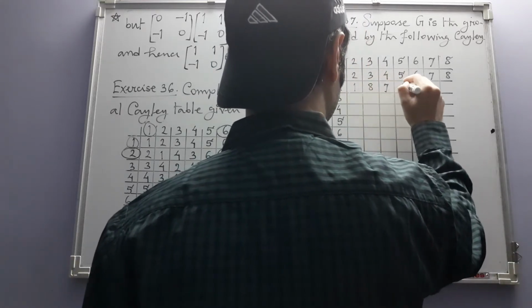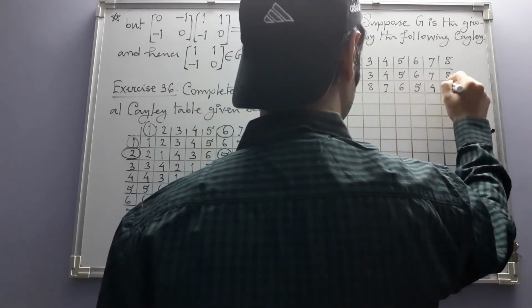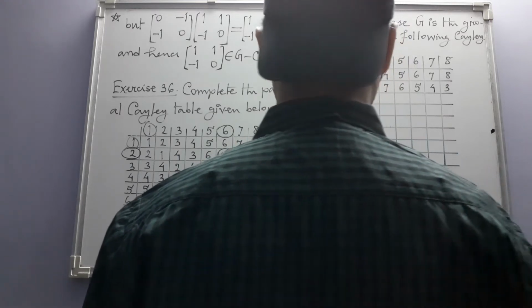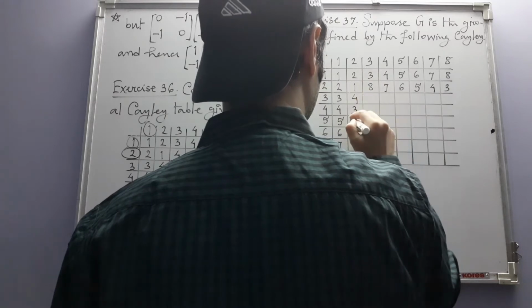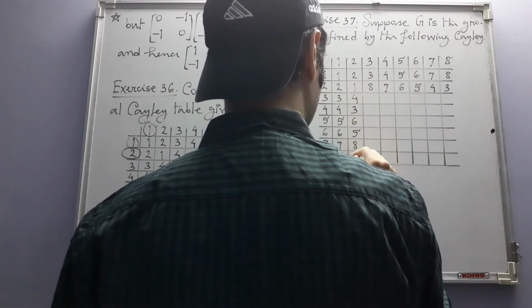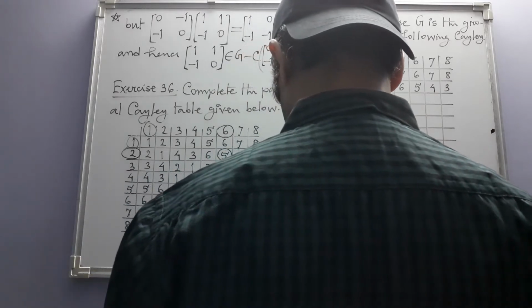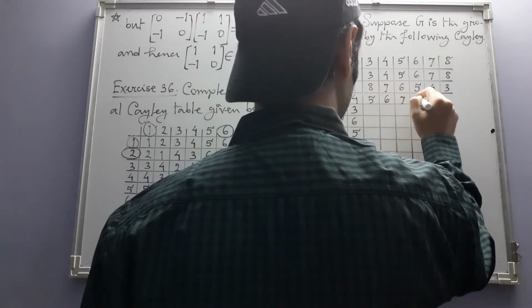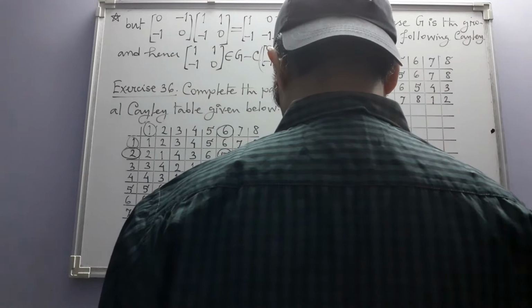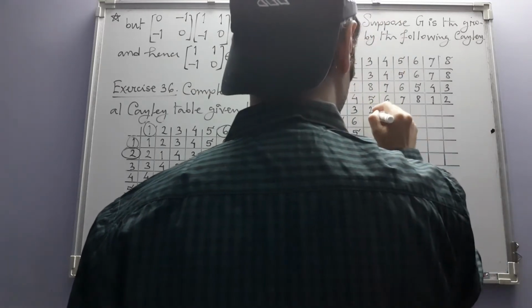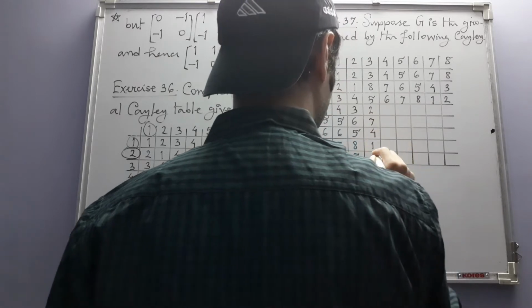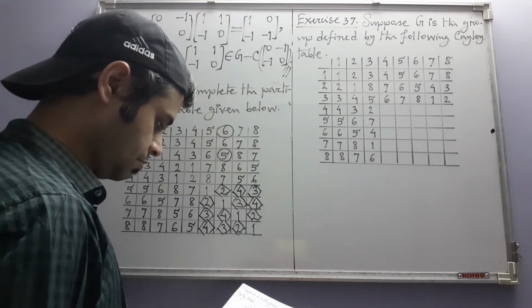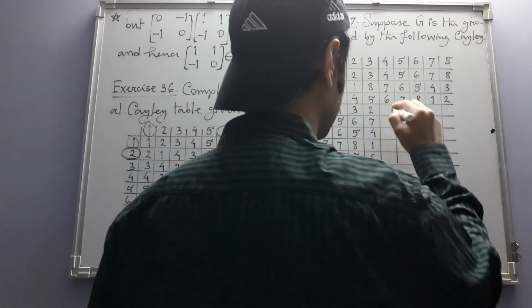One, 8, 7, 6, 5, 4, 3. 4, 3, 6, 5, 8, 7. 5, 6, 7, 8, 1, 2. 2, 7, 4, 1, 6. 1, 8, 7, 6, 5.